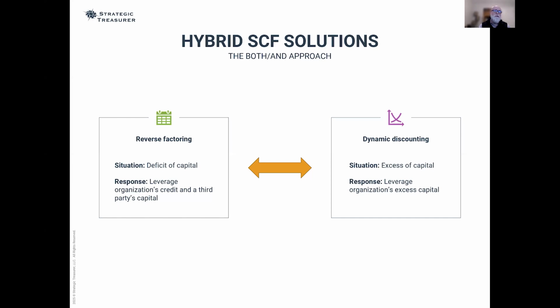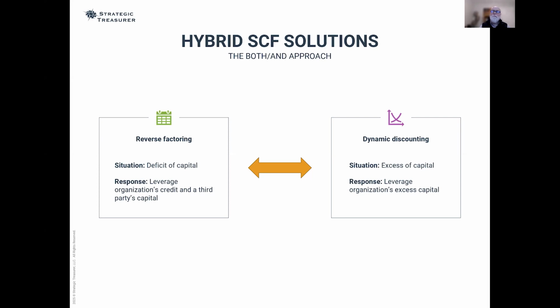And so reverse factoring and dynamic discounting come into play. You can leverage your own credit and a third party's capital to get access to capital. Or in the scenario where you have excess capital, you put it to work.